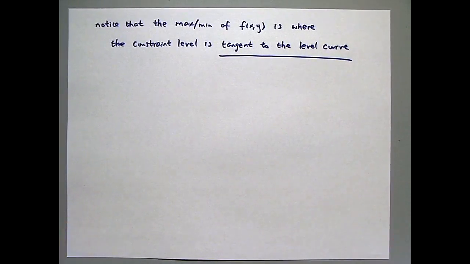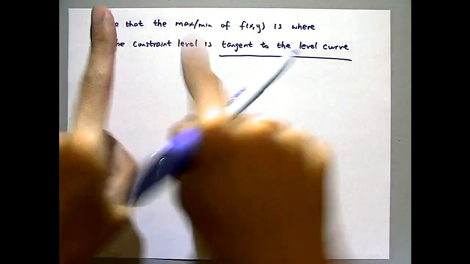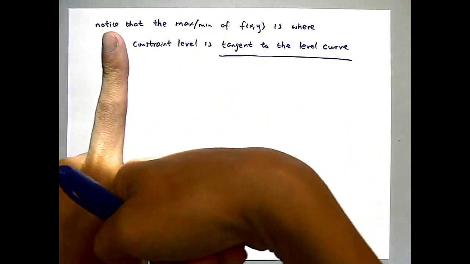If two curves are tangent to each other, that means that their gradient vectors are either pointing in the same direction or in the exact opposite directions, right?